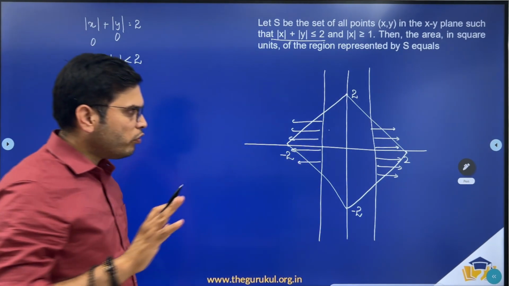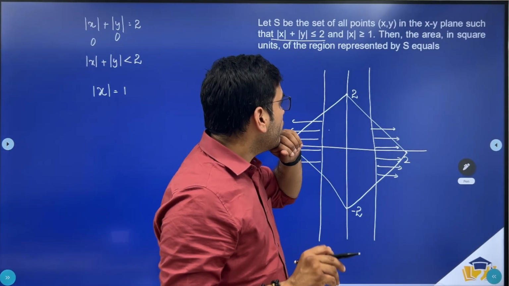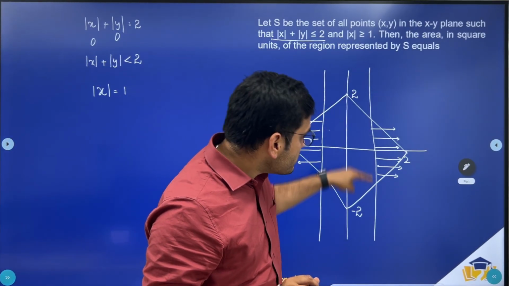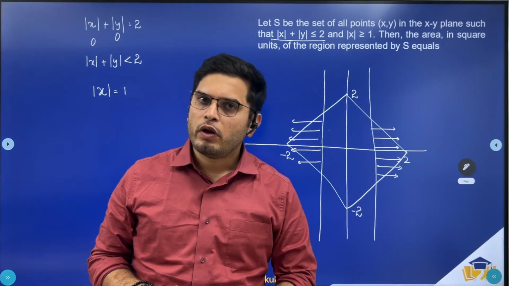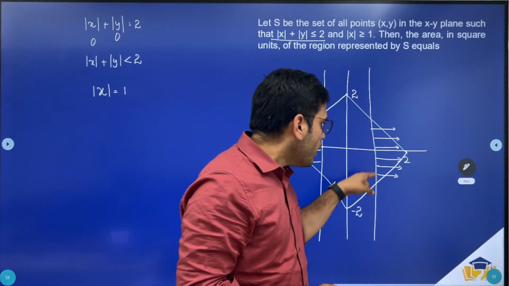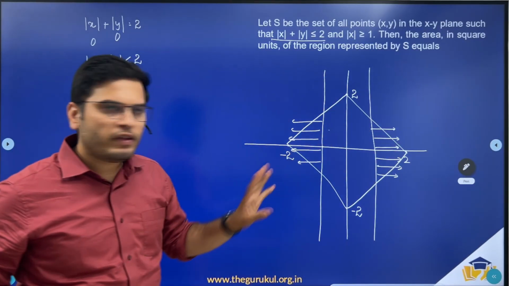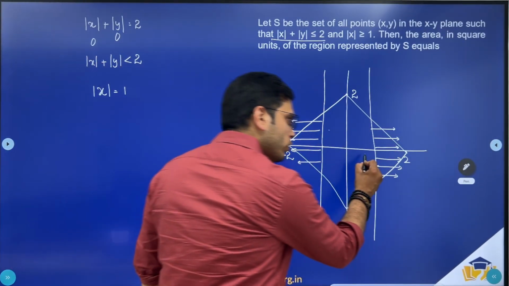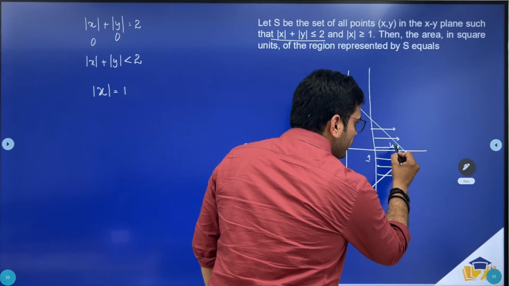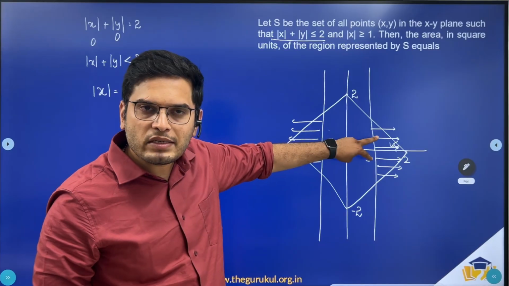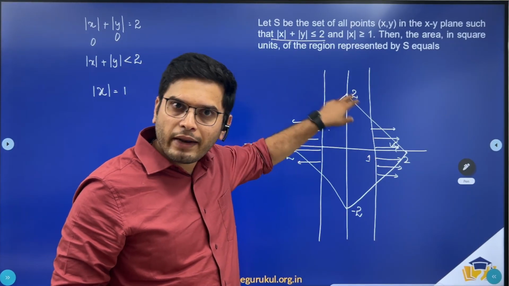Now we are asked to find the common area included between this line and the inequality mod x plus mod y less than or equal to 2, right? So we are asked to find the sum of the areas of these two triangles, right? Now we know that this is 1 and this angle is 45 because these two triangles are congruent and this is a square.